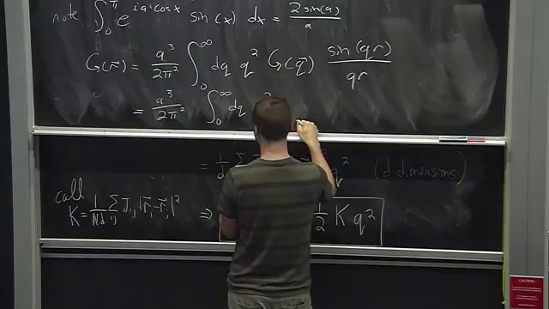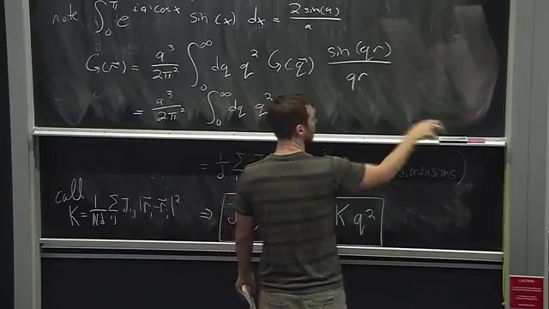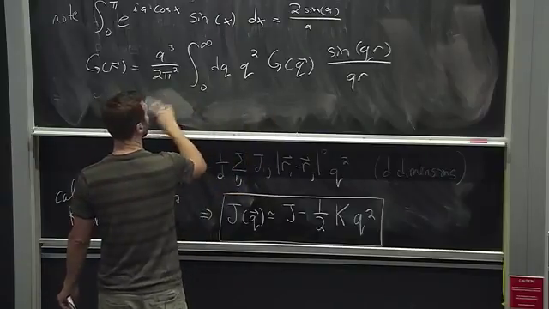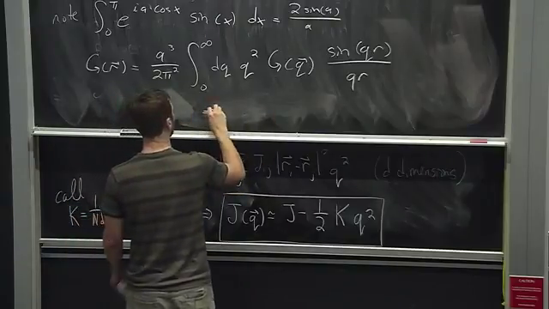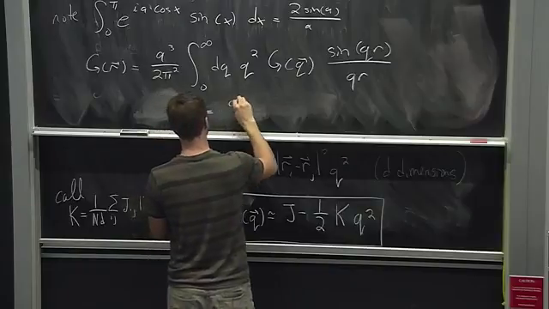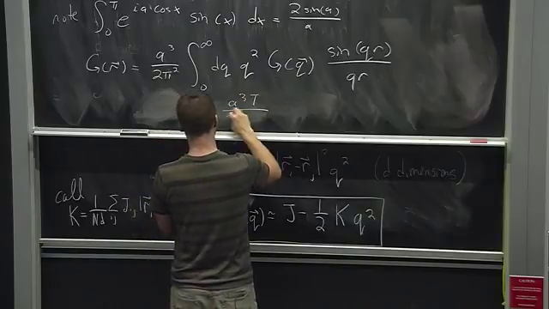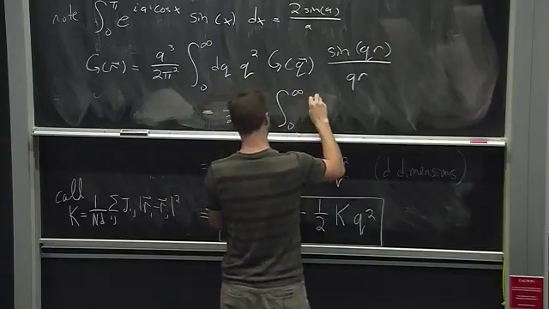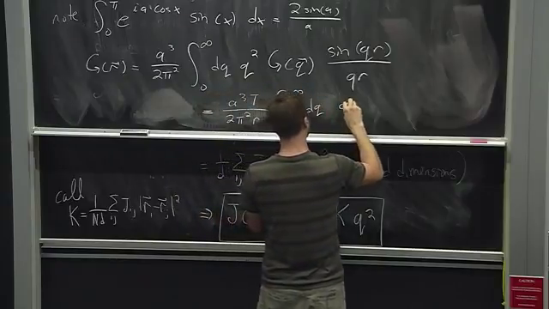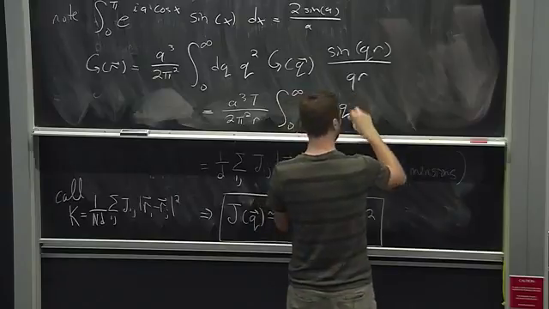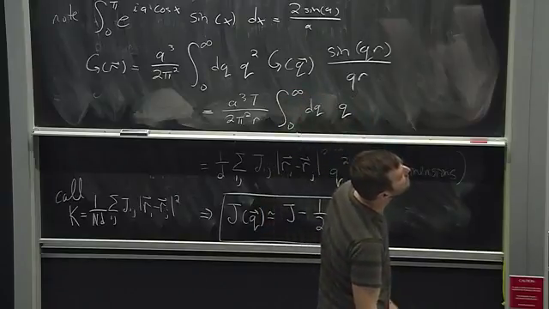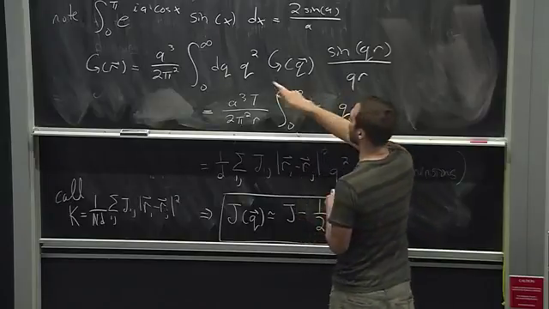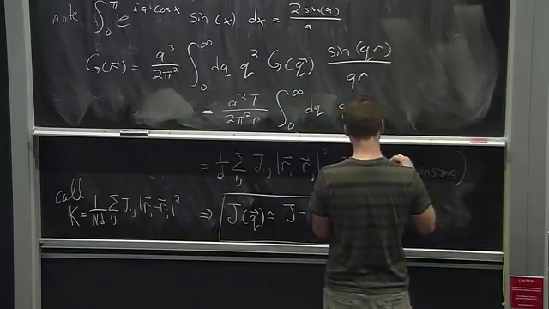Got to pull out those t's and everything too. Yeah, so I got a q on the bottom and a q squared up top. So I'm just going to leave it like that.